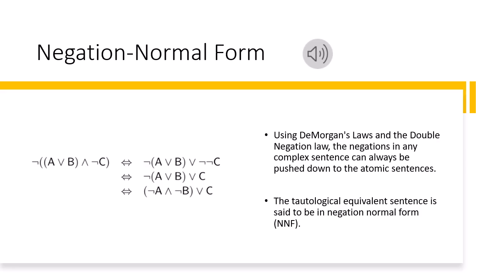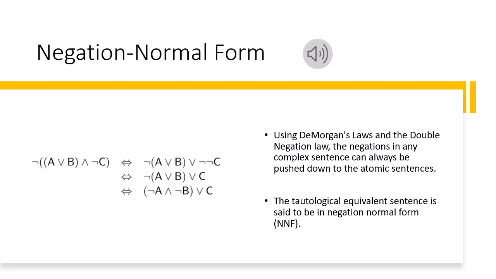Now, we'll use De Morgan's law and the negation laws. And there's an example here on the left. But before I talk through the example, we'll use those two laws to rewrite our sentence in a way where the negations have been pushed through all of the conjunctions and disjunctions all the way down to the atomic sentences, so that any of the negation symbols appear right next to atomic sentences, and therefore we just have basically literals and then conjunctions and disjunctions of those.